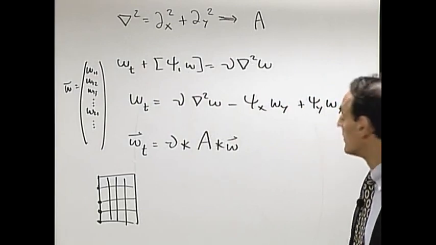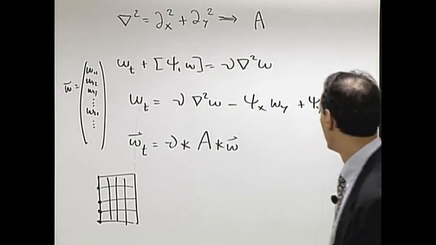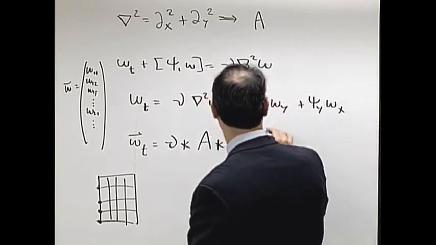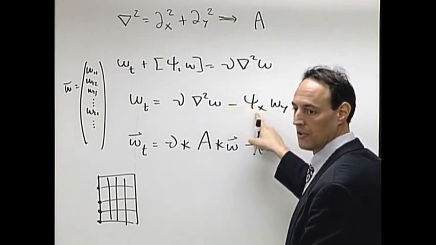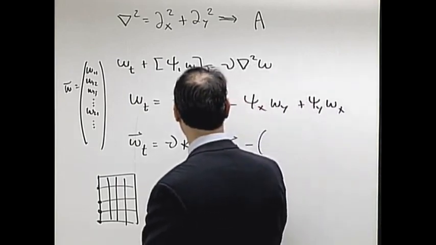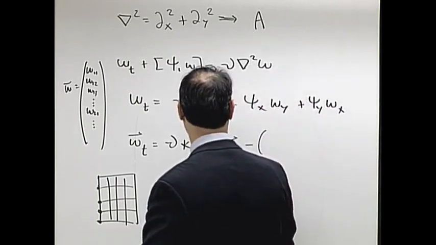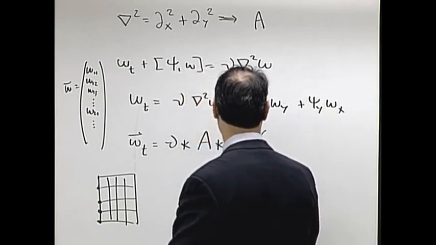And the claim is that these terms are easy. What they are is minus psi of x. Well, there's an x derivative. Let's construct a B matrix that does an x derivative and a C matrix that does a y derivative.